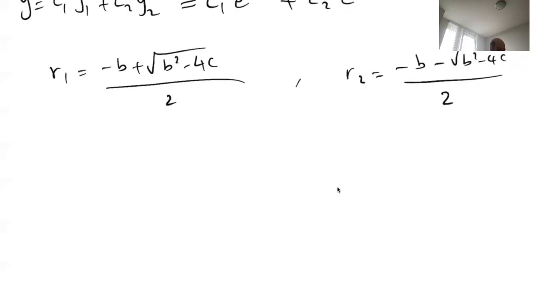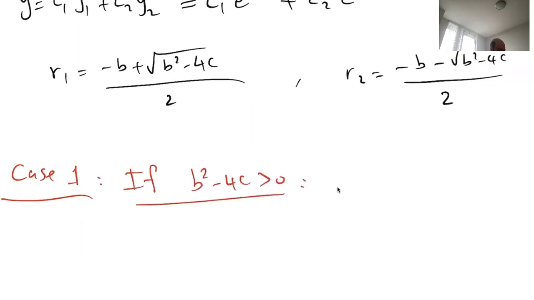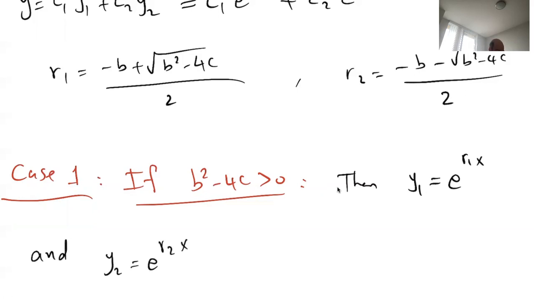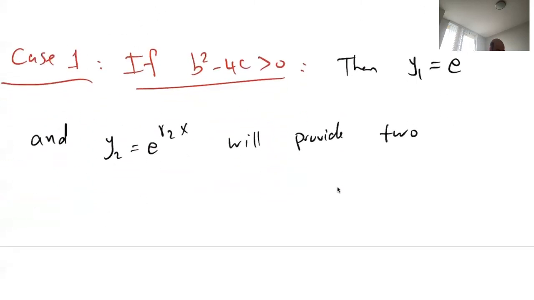So now I can say case 1: if b squared minus 4c is positive, then y1 equals e to power r1x and y2 equals e to power r2x will provide two real solutions, or real valued functions, which are linearly independent.